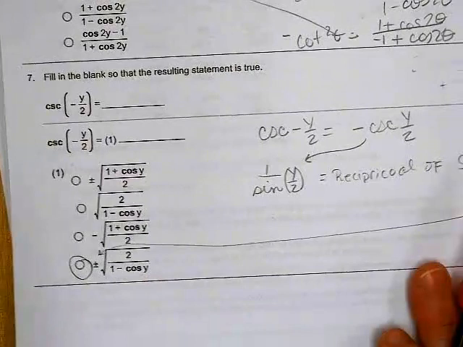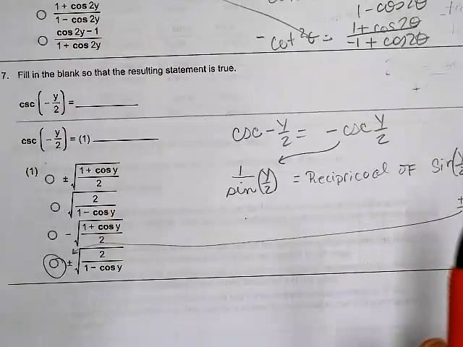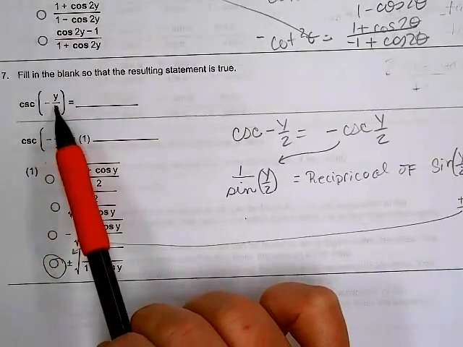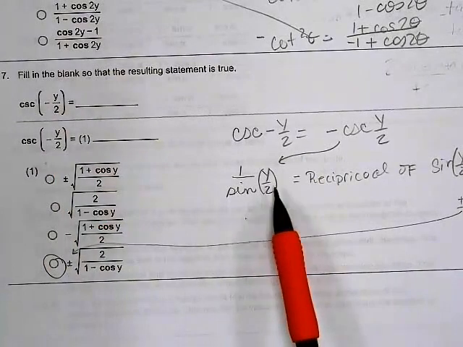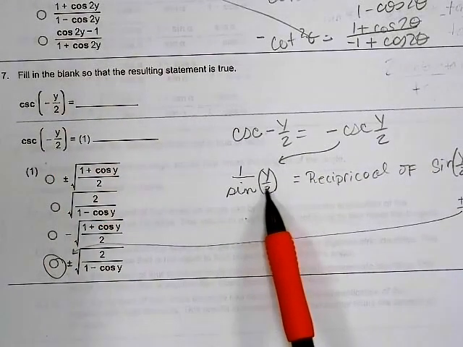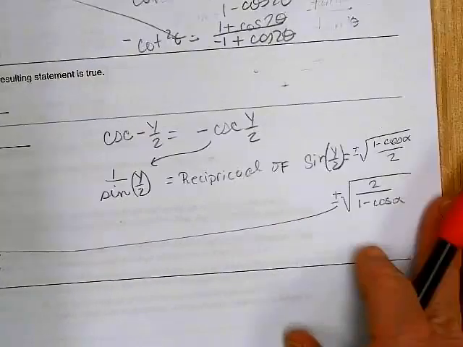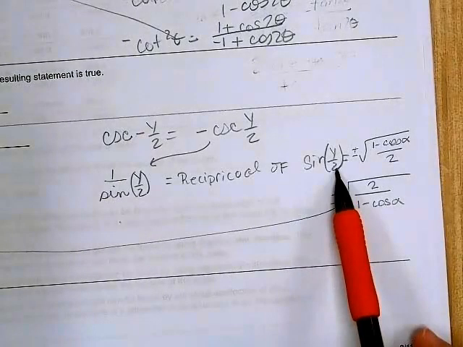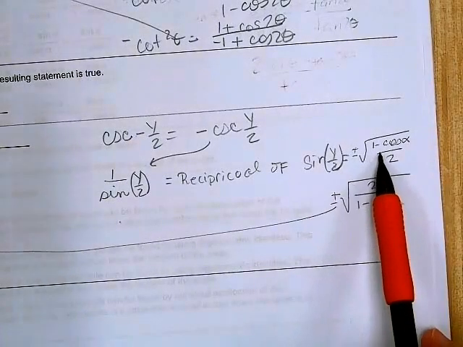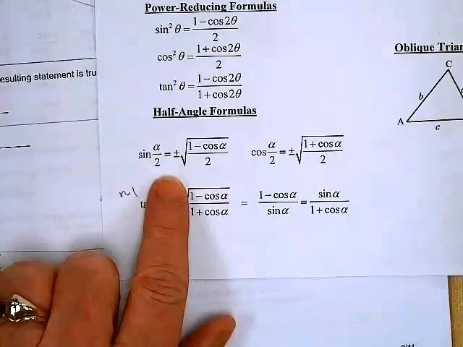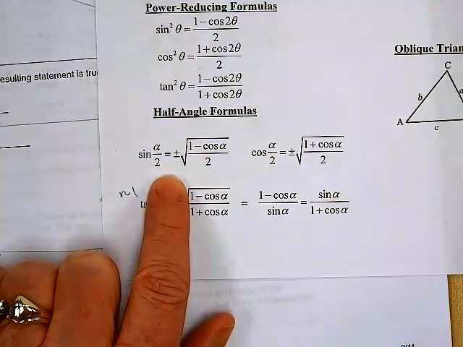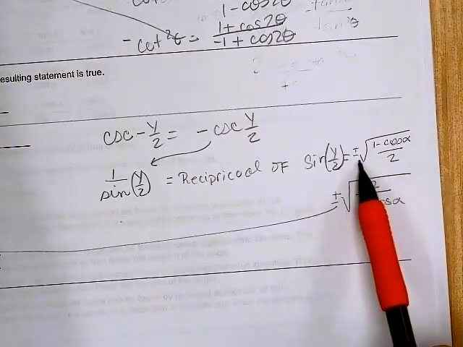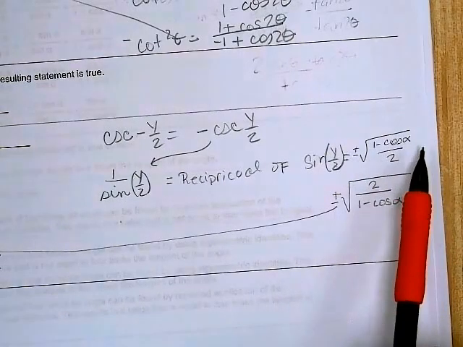Number 7, fill in the blank so the statement's true. The cosecant of negative y over 2. Well, that's like having 1 over the sine of negative y over 2. It's the reciprocal of the sine of y over 2. Well, the sine of y over 2, from here on my identity sheet, is plus or minus the square root of 1 minus cosine alpha over 2.